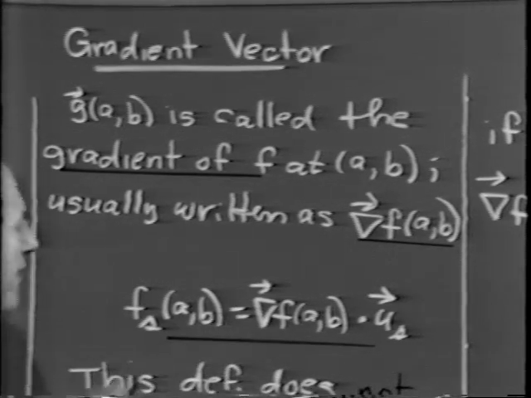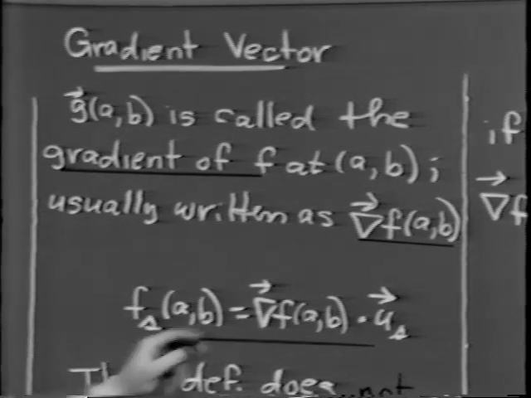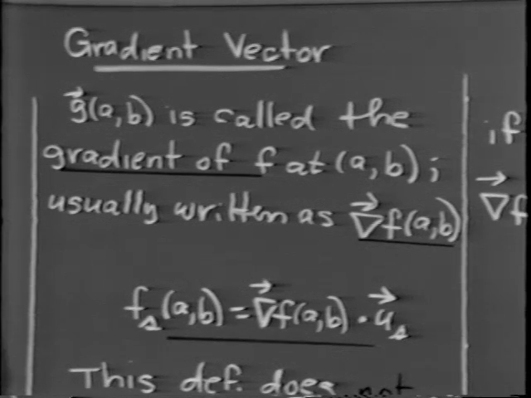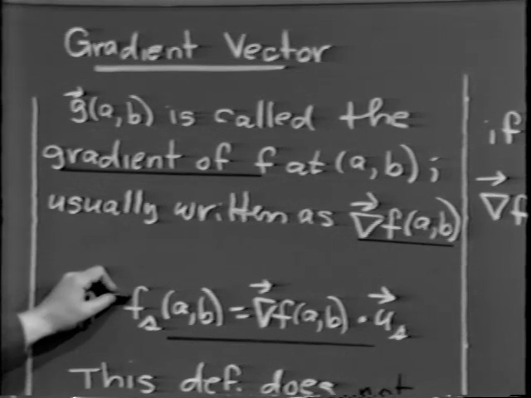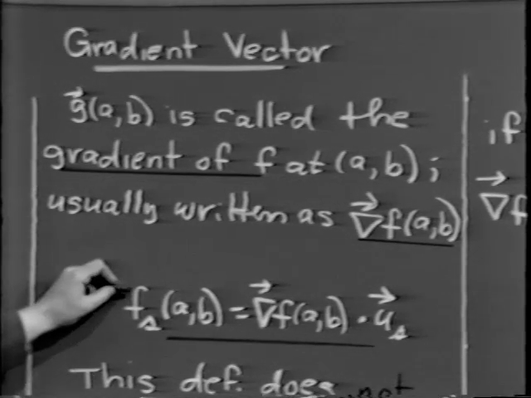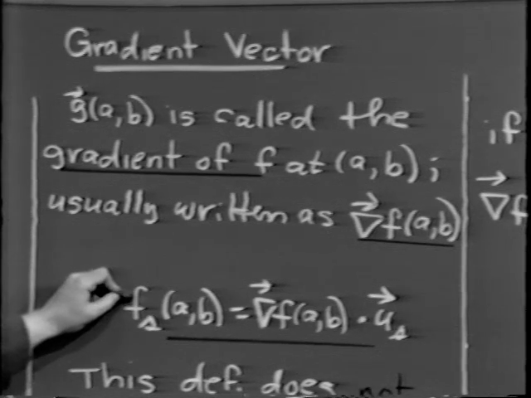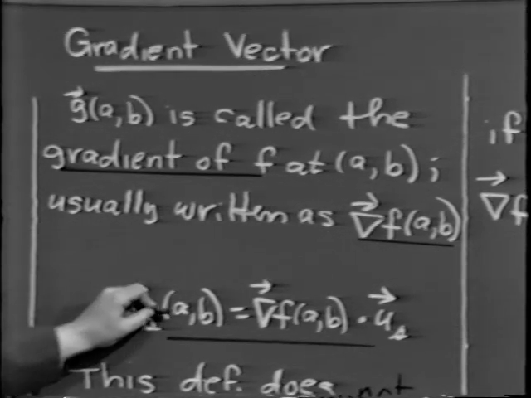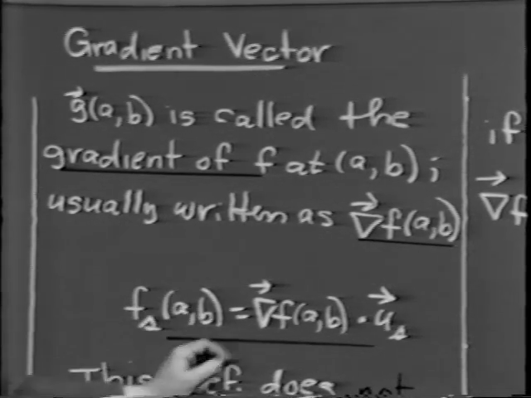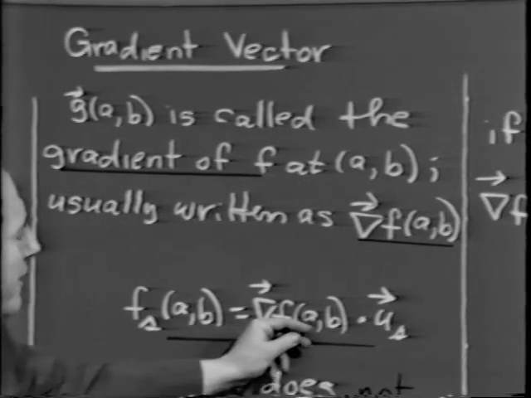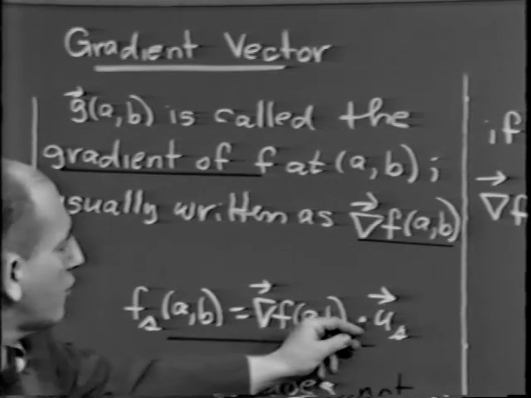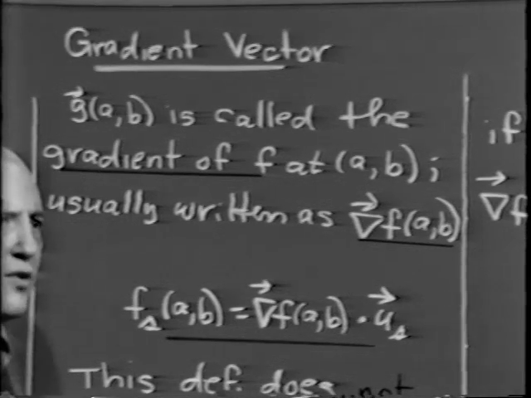What is the gradient of f evaluated at (a, b)? It's the vector which gives you the hint as to how to compute the directional derivative in any direction that you wish. Namely, in terms of the gradient vector, the directional derivative of f in the direction of s evaluated at (a, b) is the gradient of f evaluated at (a, b) dotted with the unit vector in the direction of s.